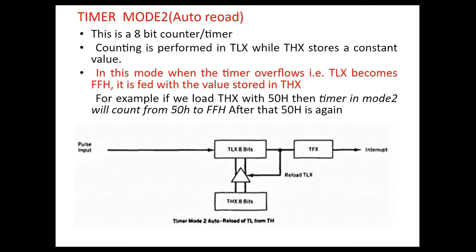For example, if we load THX with 50H, then the timer in mode 2 will count from 50H to FFH. After this, TLX will be loaded again with 50H. For that, there is no need for any instruction; this takes place automatically.